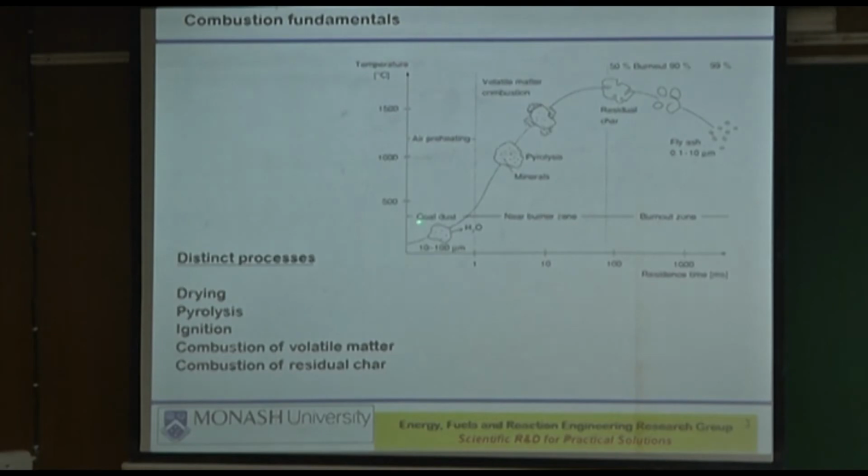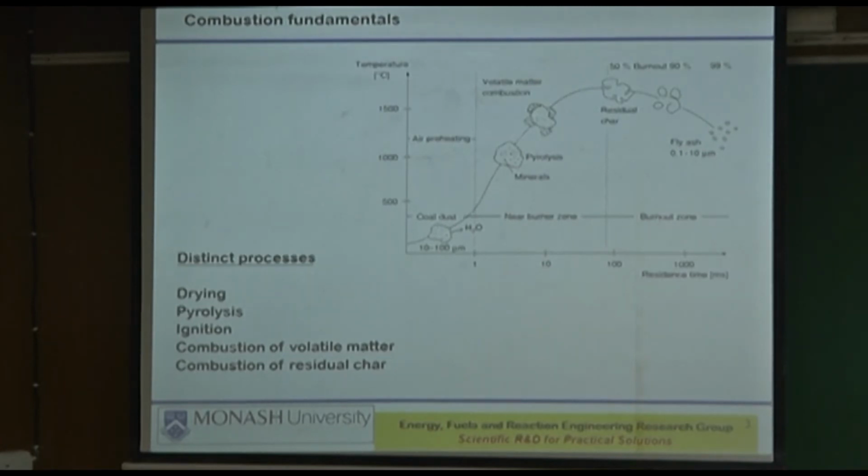And then by the time it releases its volatile matter, its temperature has gone quite high, near the burnout zone. So it is very intense, very high. And after that, the char conversion, there is no more heat release, and therefore the temperature gradually decreases.